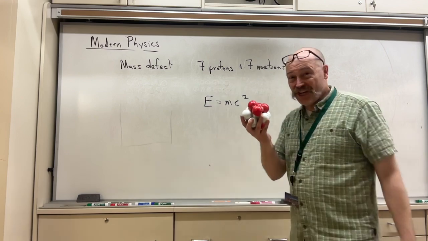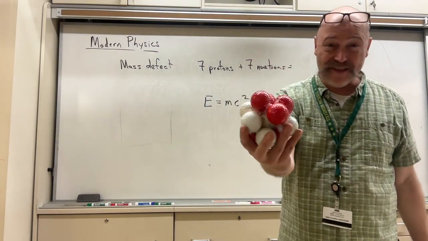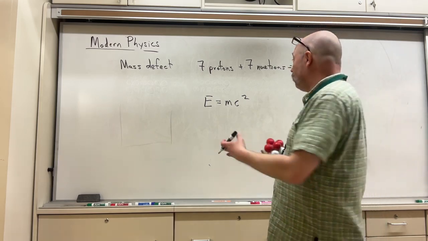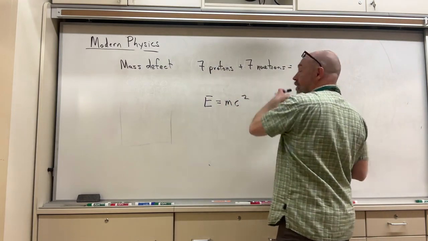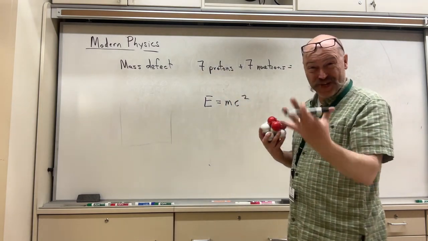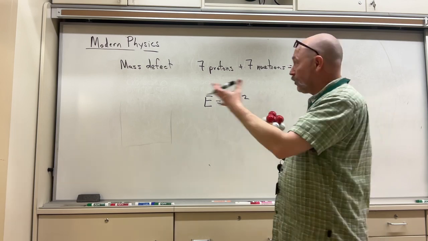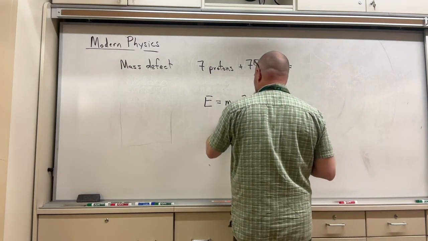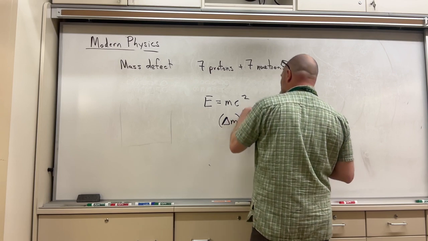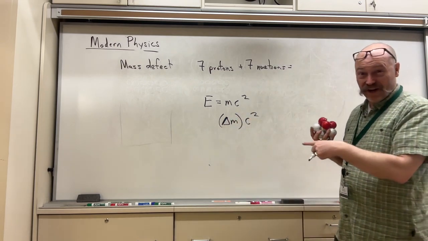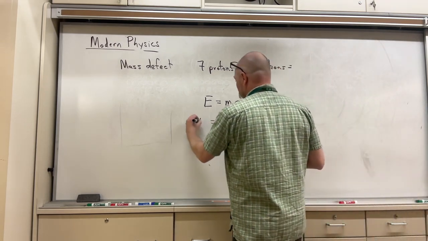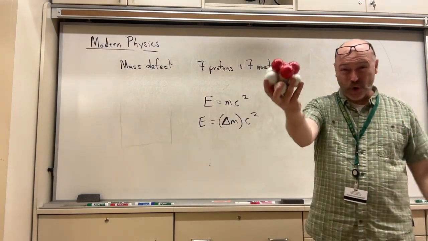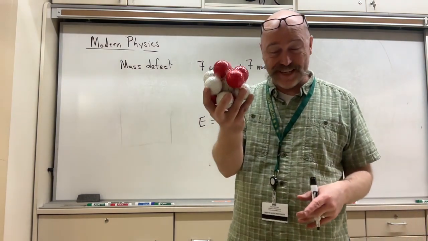So there's some energy holding this nucleus together. How would you figure out how much energy that is? Well, you would figure out how much mass got converted, your mass defect, hence why it's called mass defect. This change in mass times the speed of light squared, and the speed of light is pretty big, will tell you how much energy is going into holding this nucleus together.